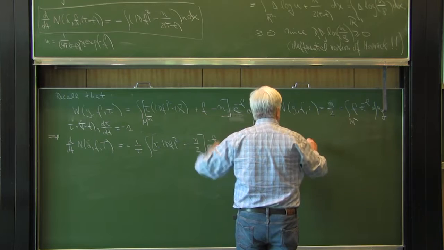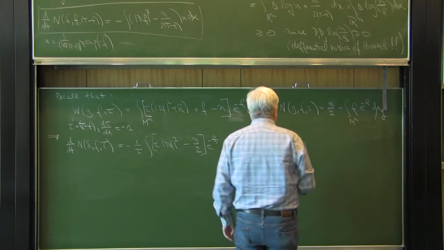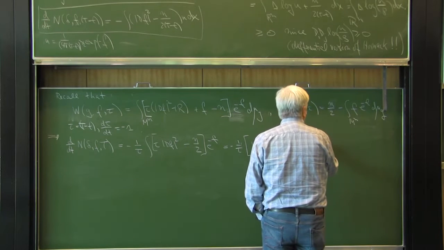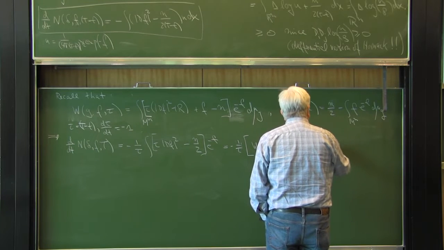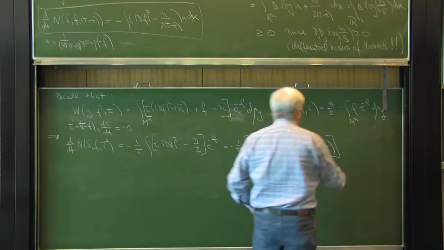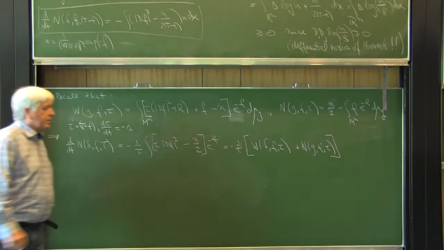I have to subtract this again, so this is just like adding N of g, f, and tau. Okay, we get this formula.